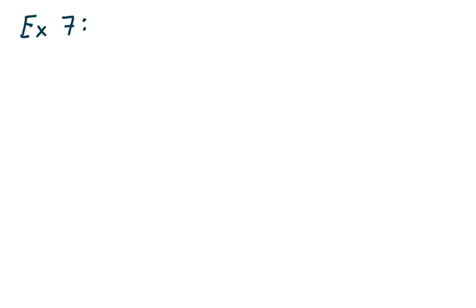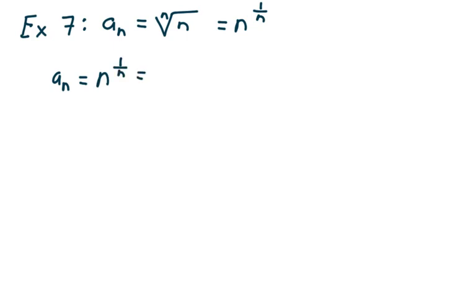So here, I'm going to do a sub n equals the nth root of n, which is n to the 1 over n. Now, what's going on there? So a sub n is n to the 1 over n, which is e to the natural log of n to the 1 over n.